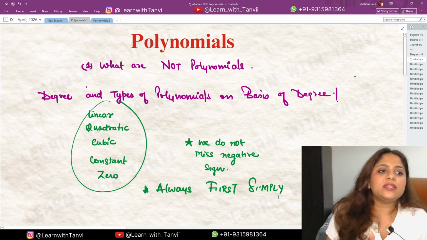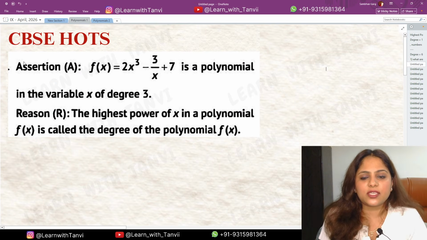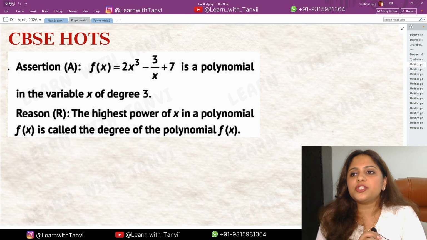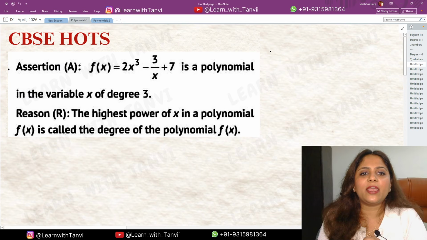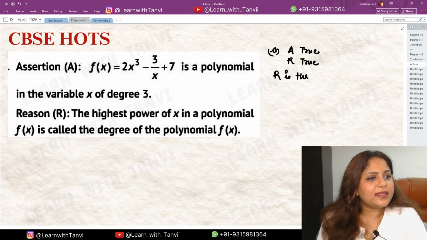Fine. So this next question is for you guys. This is CBSE HOTS. You tell me what will be the answer. The options are, the first option A is that assertion is true, reason is true, and reason is the correct explanation.